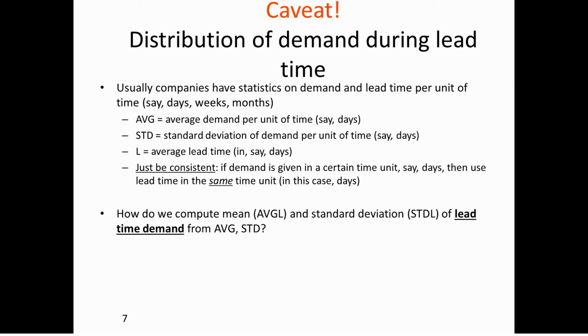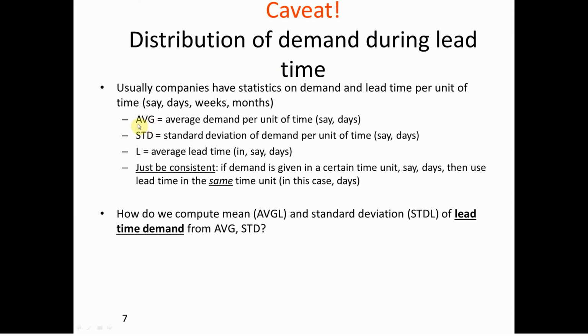You'll see that the calculations are going to be way off. So usually companies have statistics on demand in some unit, days, weeks, months, whatever is convenient for them. And so just pick something and make sure that you stay consistent.